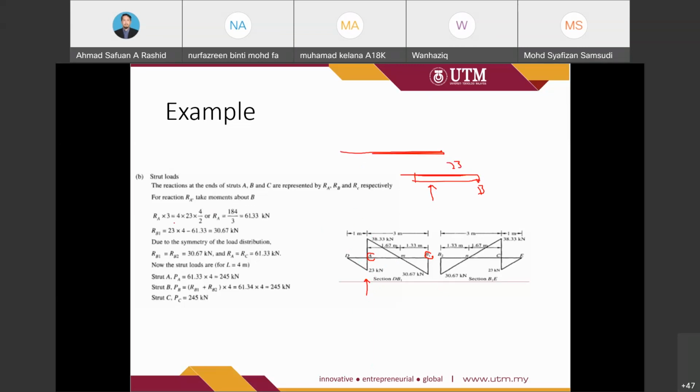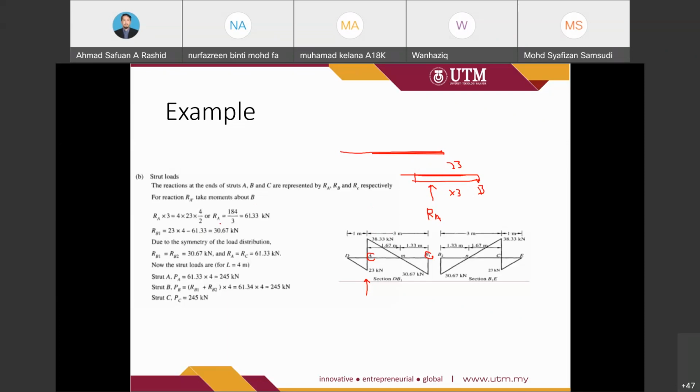So that's why 23 times 4, where 4 is the distance between D to B. Then the moment arm is 4 over 2, equal to RA. Then it should be timed with 3 because the distance is 3, so equal to the moment from the force of the soil.